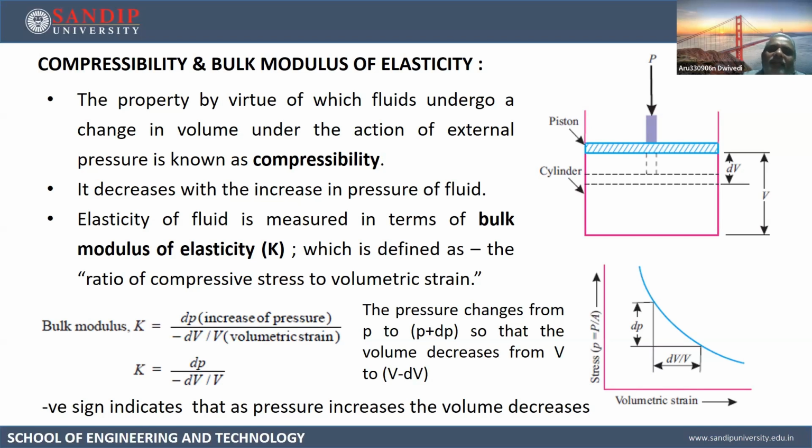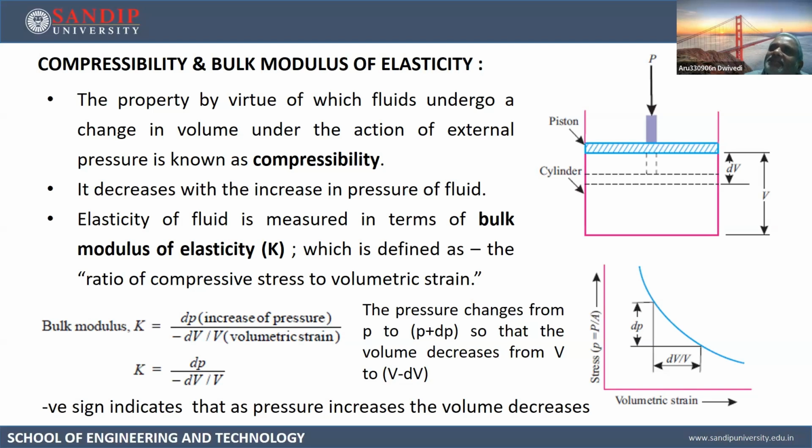The answer is, suppose in the x-axis you take the pressure and in the y-axis you take the volume. When pressure is increasing, volume is decreasing. So whenever we consider the scale, we should take the second one in the y-axis as a negative scale because that is decreasing while pressure is increasing.